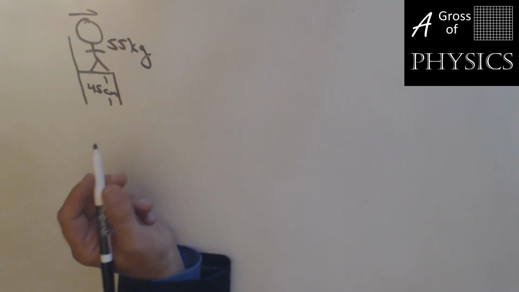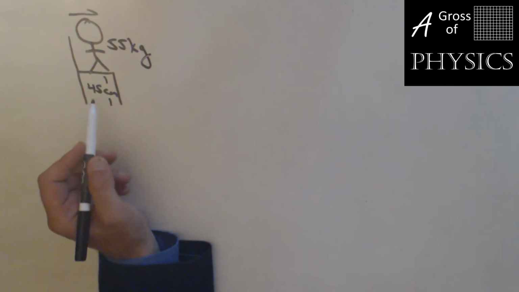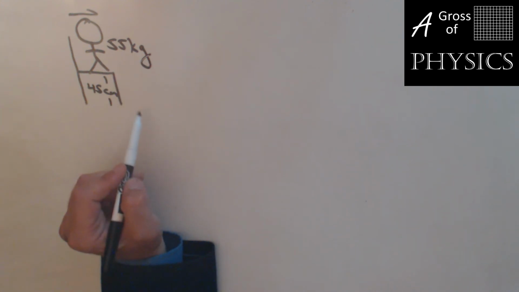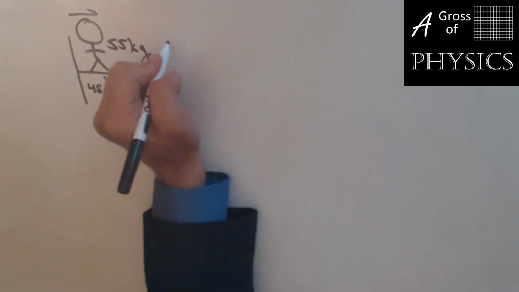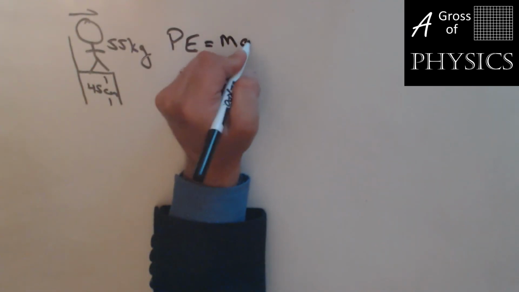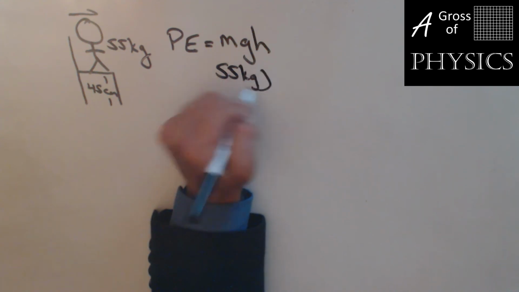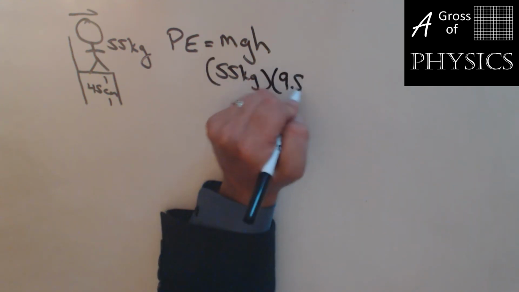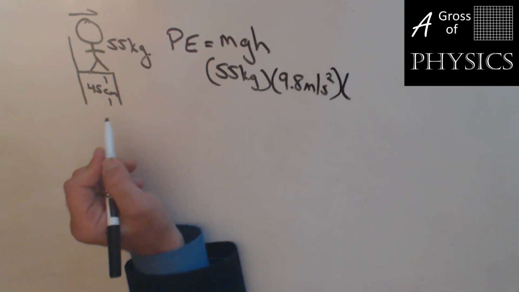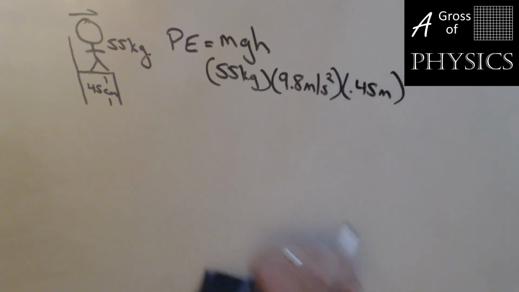All right, now let's look at a student standing on a chair, and obviously that's either a very big chair or a very small student, and they are stepping off the chair and falling to the ground. Now the potential energy at the top is mgh, 55 kilograms, times 9.8 meters per second squared, times 45 centimeters, which means I have to do 0.45 meters.